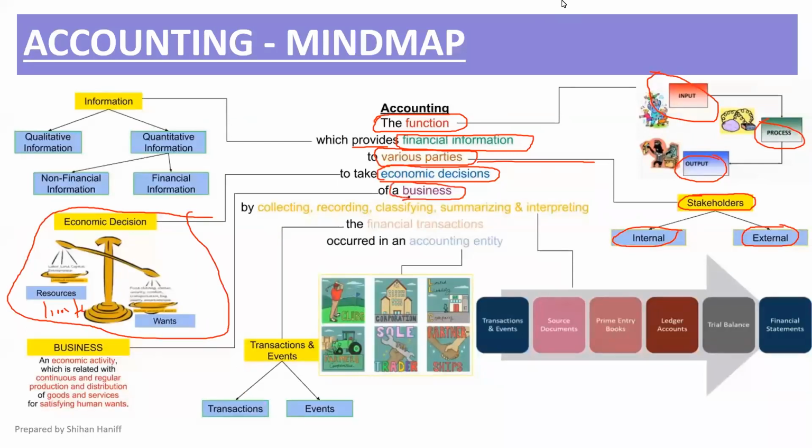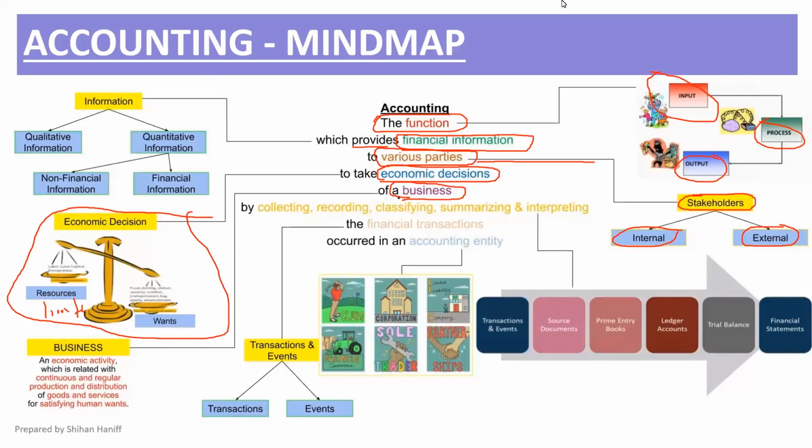All these things will be done in a business. Business means any economic activity which provides goods and services to satisfy human needs and wants. So we discuss all these functions of accounting in a business.